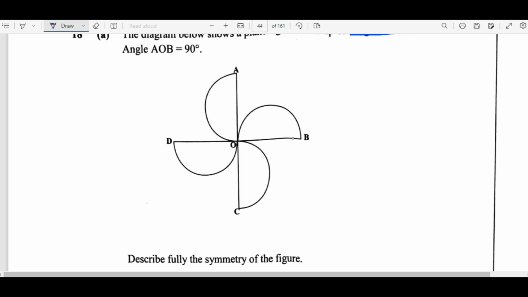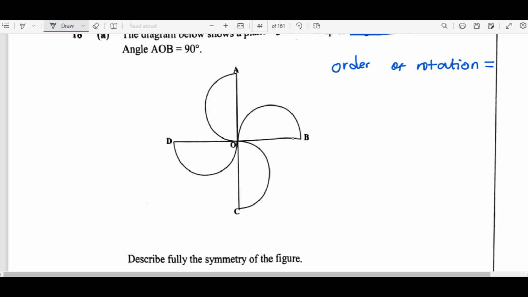Describe fully the symmetry of the figure. So the description under rotation, we need to find the order of rotation. So order of rotation is how many times this can rotate to go back to its original position.